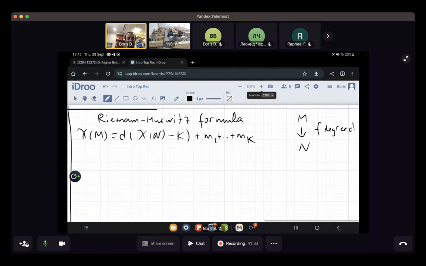So we have k critical values, and mi is the number of preimages of the ith critical value.